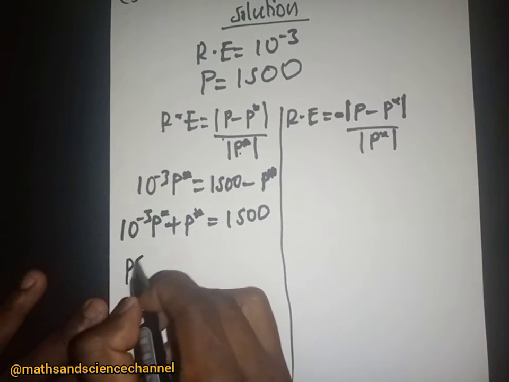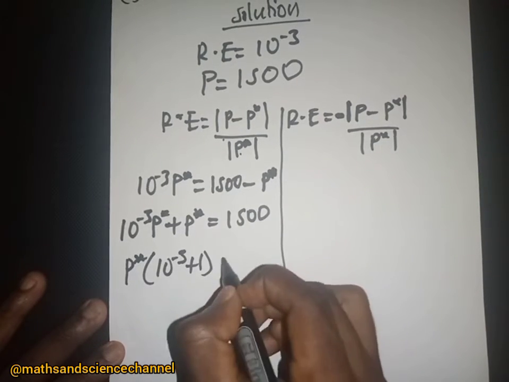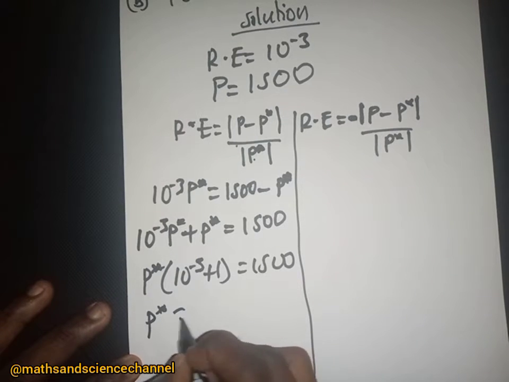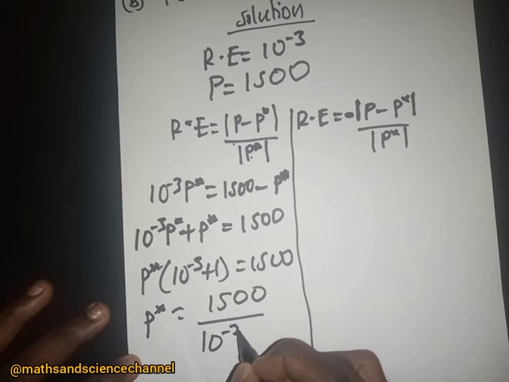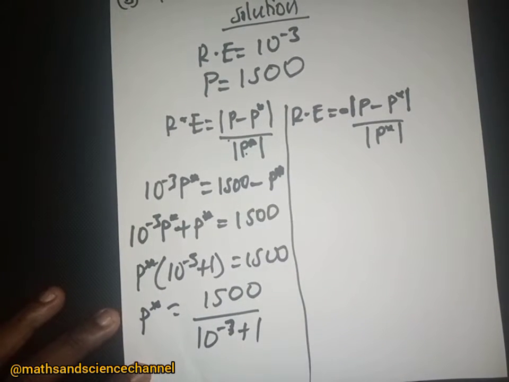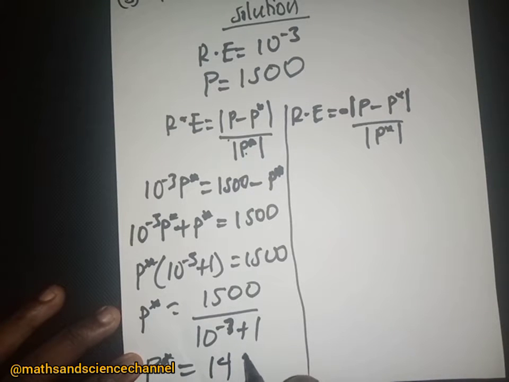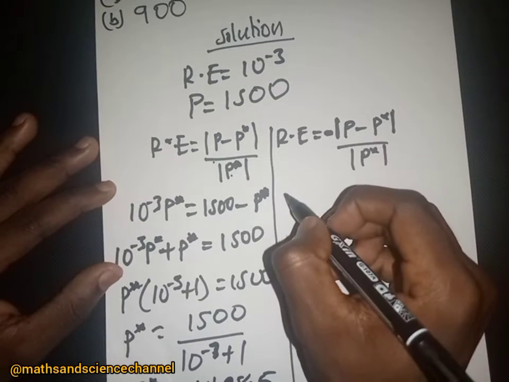Factorizing it out, P star will be equal to 1500 divided by 10 to the power minus 3 plus 1, and therefore P star here is 1498.5.